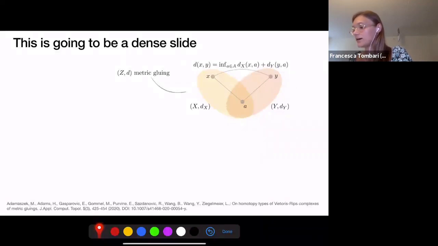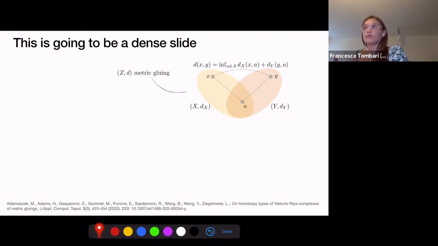This is an example that we took from this paper by Wojciech and co-authors, in which they study extensively the homotopy type of the Vietoris-Rips complexes of such spaces.